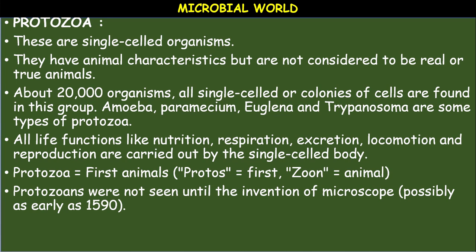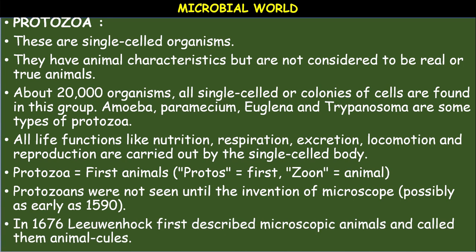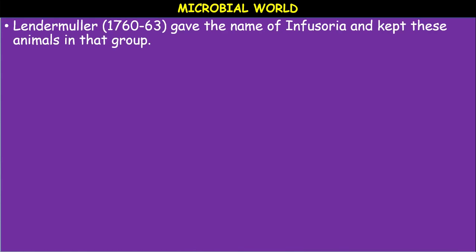The protozoans were not seen until the invention of microscope, possibly as early as 1590. In 1676, Anton van Leeuwenhoek first described the microscopic animals, and these are called animalcules. Who is Anton van Leeuwenhoek?